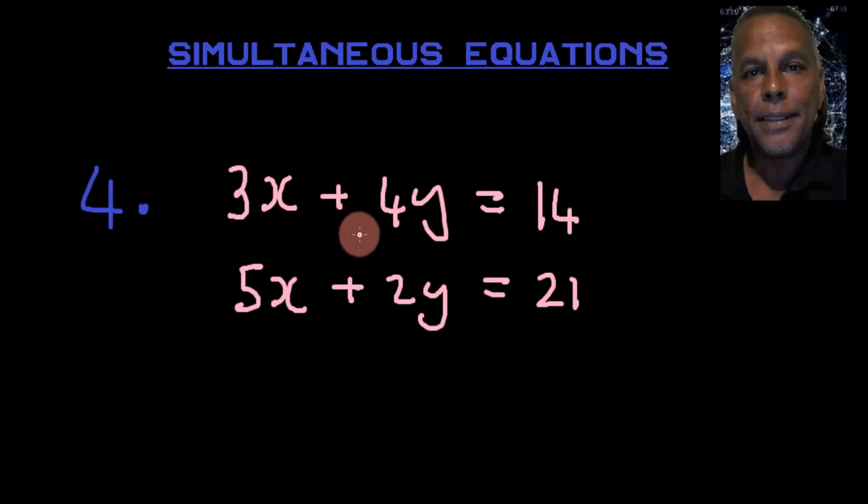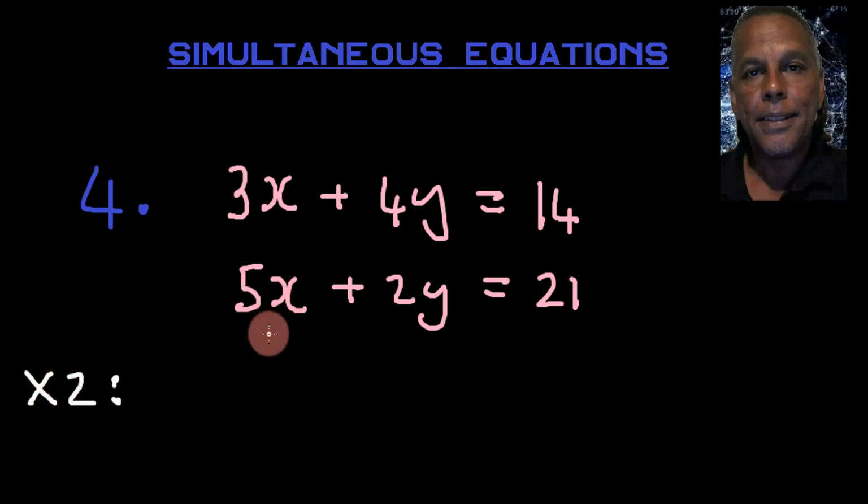So in order to use the method of elimination to solve these simultaneous equations, we need either the coefficients of the x's or the coefficients of the y's to be the same. We can get the coefficients of the y's to be the same by multiplying the second equation here through by 2.